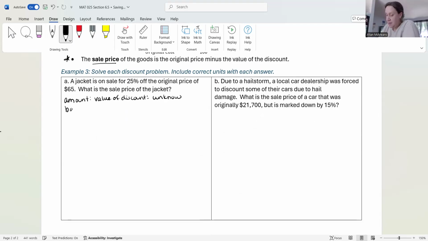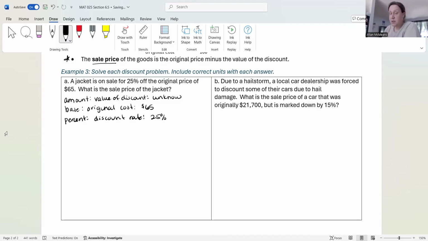We have the base, which in a discount problem is the original cost of the item, and we do know the original cost of this jacket. It was $65. And then the percent is the discount rate, and we were given that the rate of this discount was 25%.